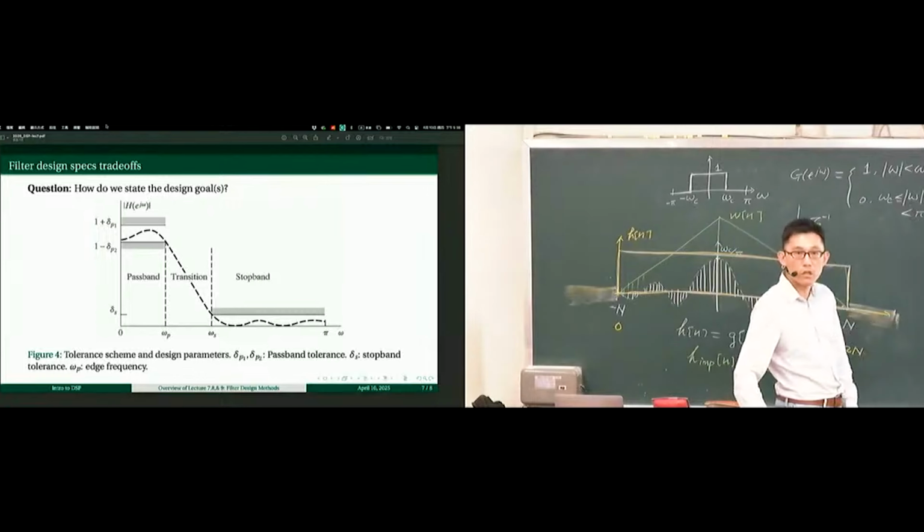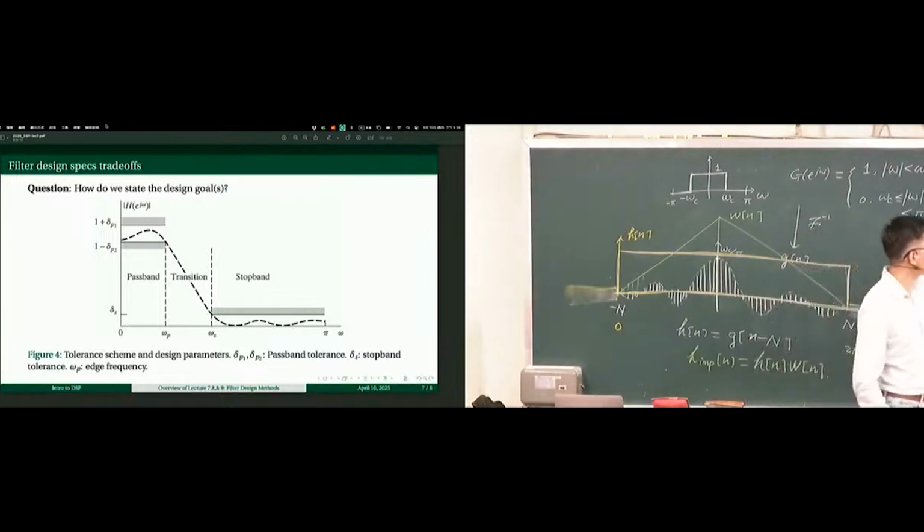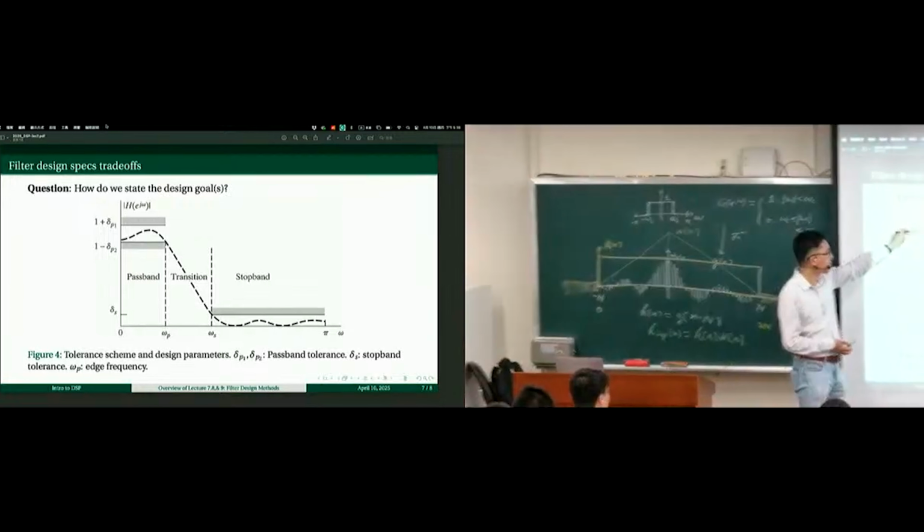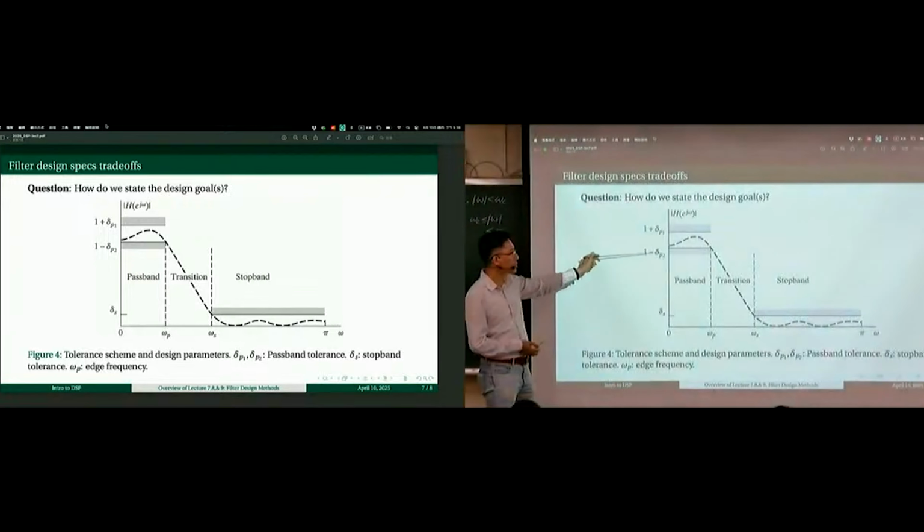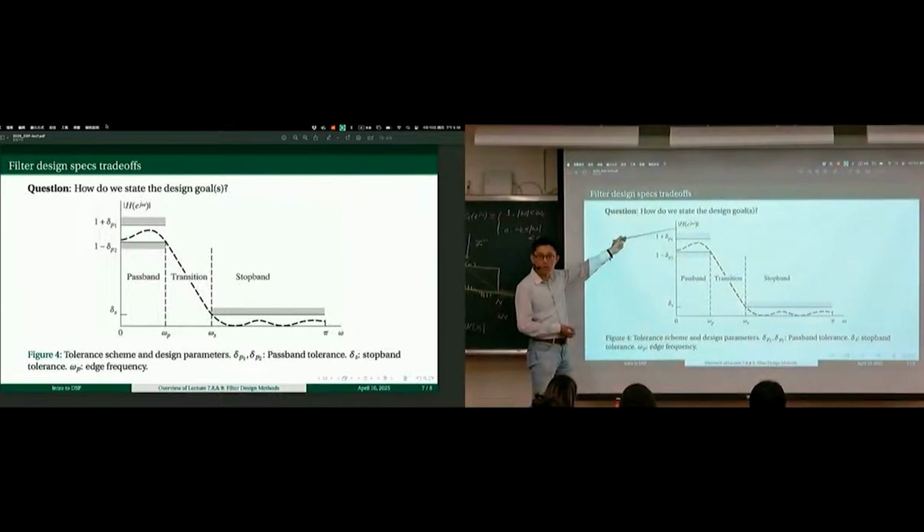How much error do we tolerate? How much are we willing to let the gain deviate from 1? Even though it's not exactly 1, if the gain in the pass band is bounded up and down between 1 plus delta P1 and 1 minus delta P2, that's the tolerance we're talking about.